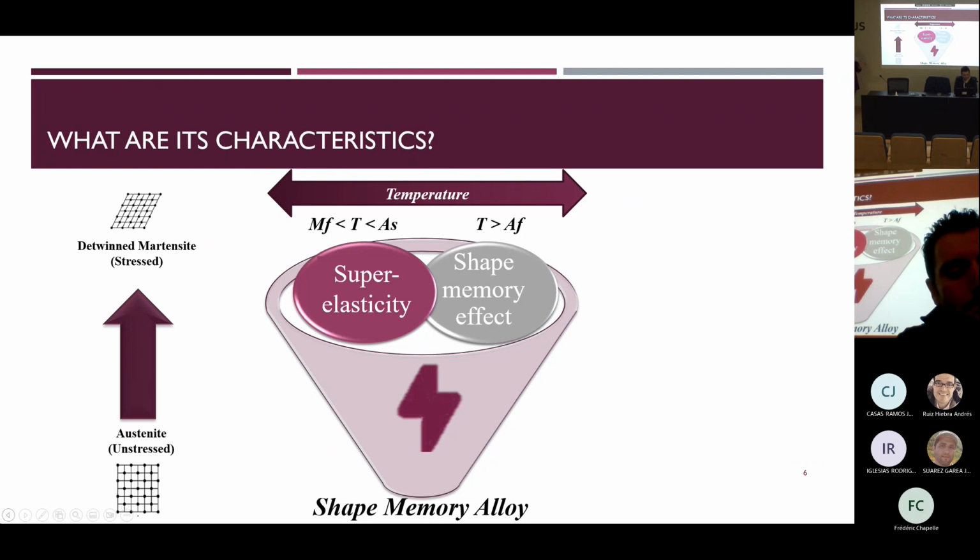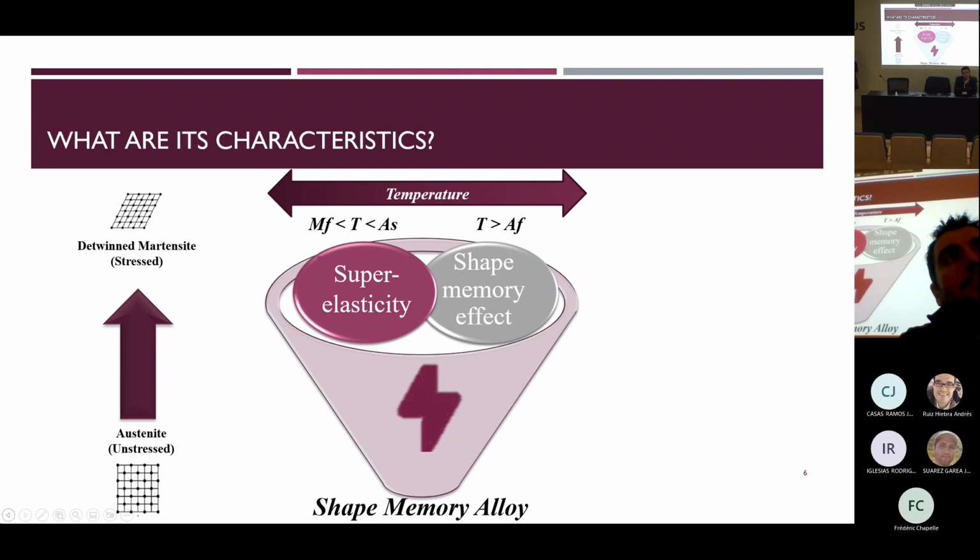To focus on superelasticity, it is when we apply a stress on the shape memory alloy. This stress causes a transformation from one solid phase to another. So the shape memory alloy is going to deform, to have a displacement.